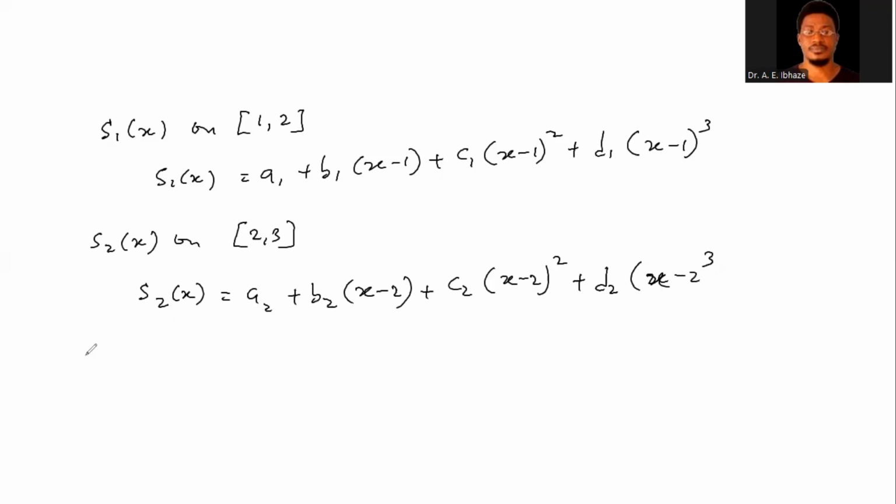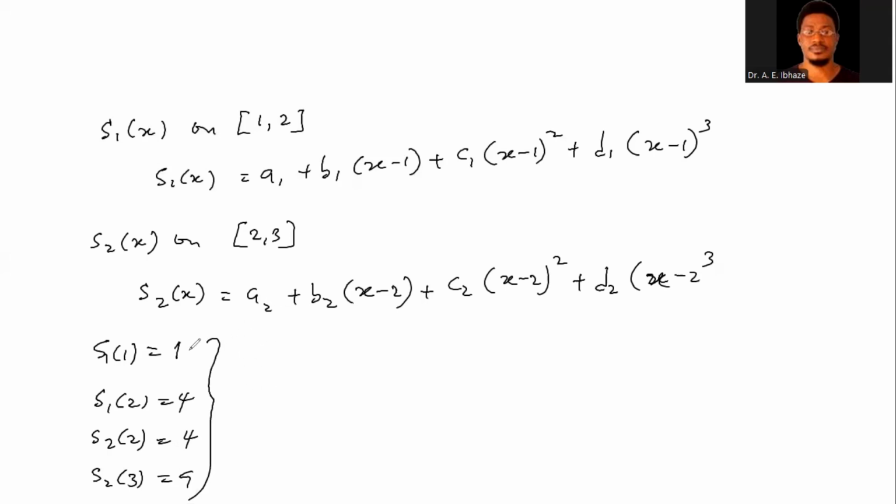Now, we already know that for s1 of 1, this is the same as 1. And also, for s1 of 2, we know this is the same as 4. And then we also have s2 of 2 at the boundary point is the same as 4, and then s2 of 3 is the same as 9. Okay?